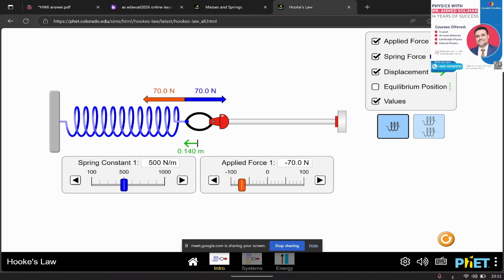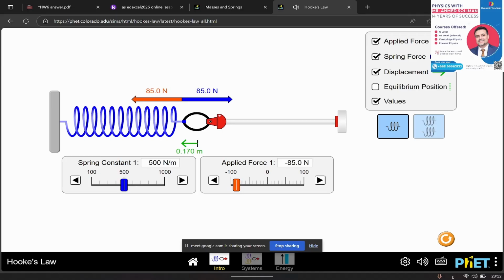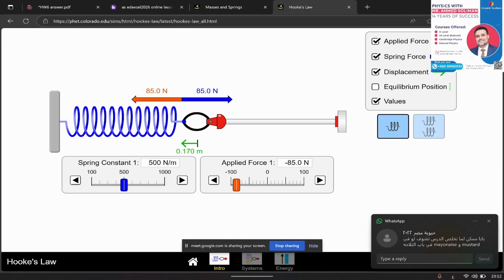The blue arrow represents the direction of the force from the spring, because the spring is compressed and it wants to return to its original shape. Okay, do you understand, Habiba? Yes. Do you understand, Mirola? Yes. Okay.